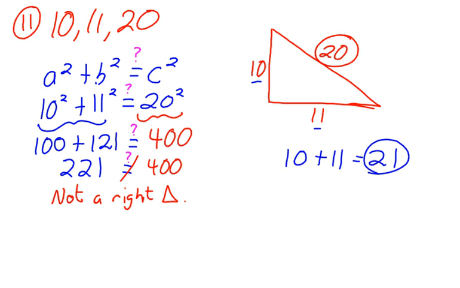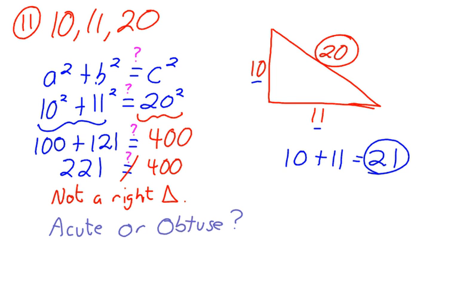All right? So what we're going to check next, since it's not a right triangle, is that we have two other options. It's either acute or obtuse. If it's not a right triangle, then it has to be either acute or obtuse.